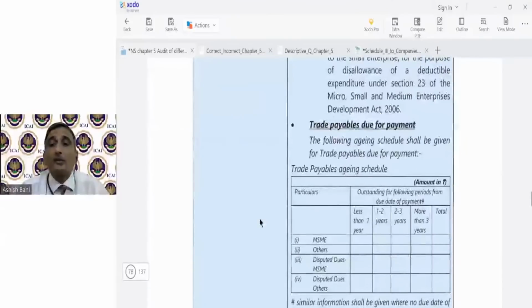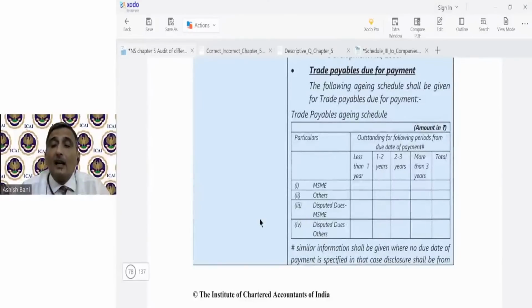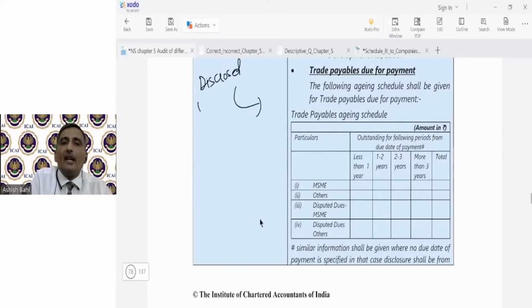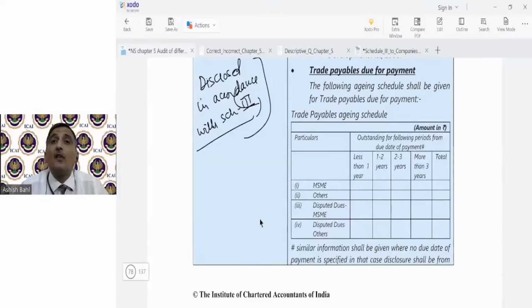And also, students, while trade payables are disclosed in accordance with Schedule 3 requirements, aging is to be given. Like in case of trade receivables, aging was there. So similarly, in case of trade payables, aging is also there.